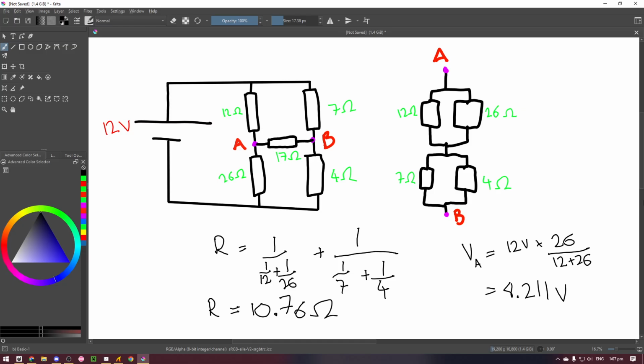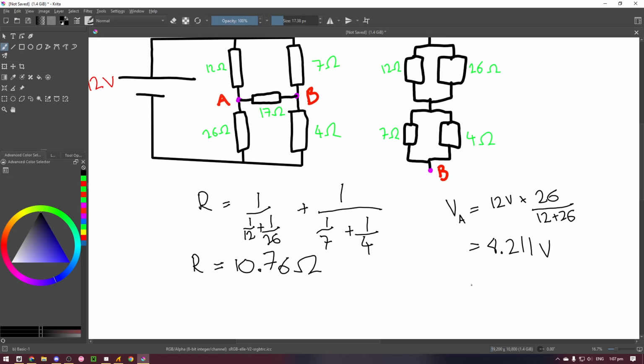Then we find the voltage at B, which is 12 volts times 4 over 4 plus 7, which is 4.364 volts. I'm keeping that in my calculator.